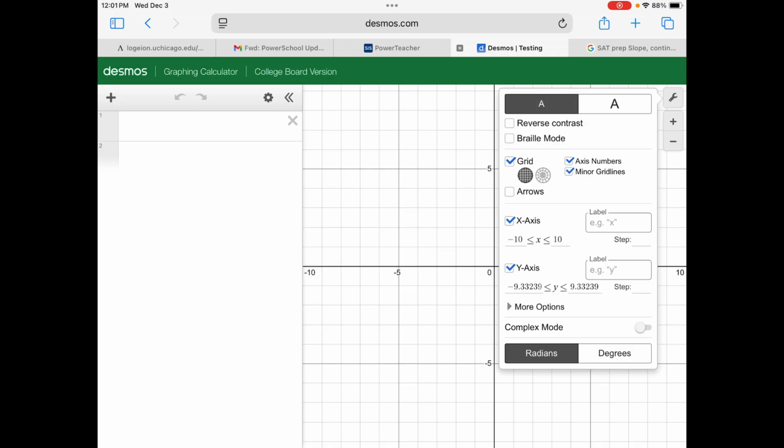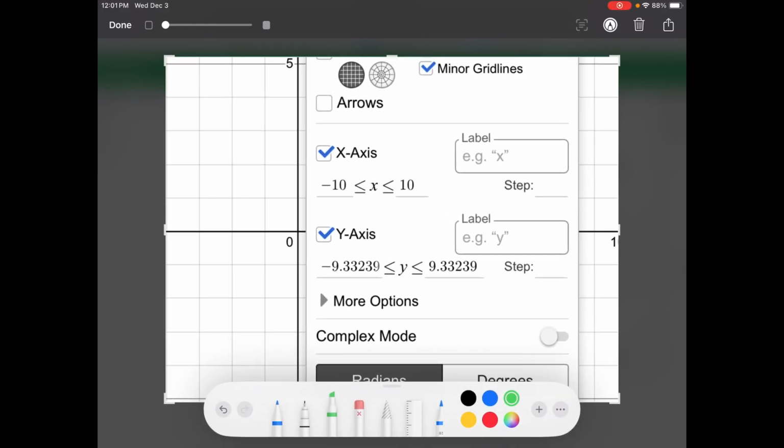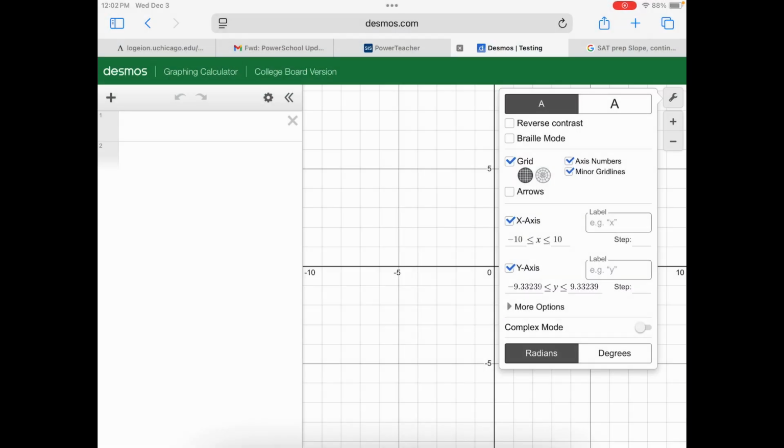So then I want you to go ahead and go to the parts of that little screen that are labeled X-axis, let's do yellow for X, and then Y-axis, we'll do green for Y. What you have to do is change these numbers to be exactly the same as what is in the SAT question. So in other words, those numbers have to be -12 to +12. So let's go ahead and make those changes.